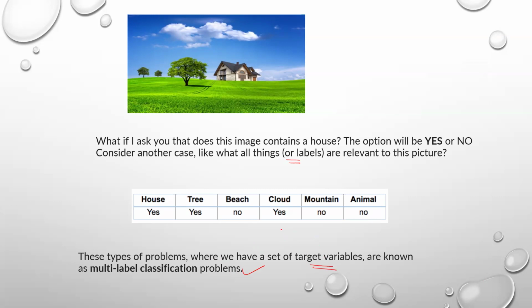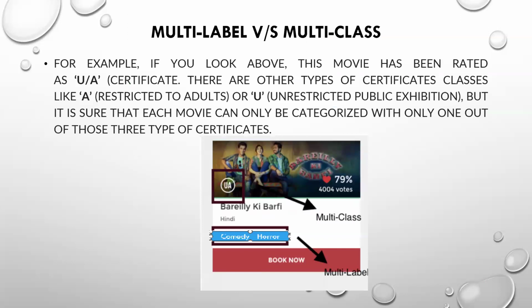I hope you understood. Where we have a set of target variables, we call it a multi-label classification problem. Let me make this clear with one more example of multi-class versus multi-label. For example, if you look at this picture, this movie has been rated as U by A. We know that we also have other certificate classes like A, R, U, restricted for adults or unrestricted public.